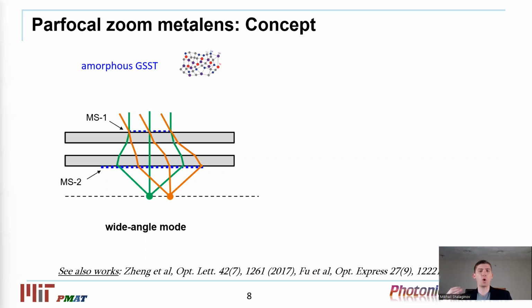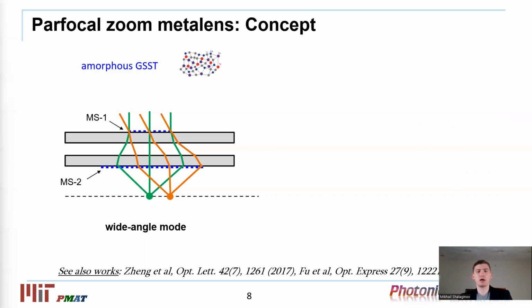A number of so-called zoom metalenses have been implemented, although they are in fact varifocal lenses, whose focal plane constantly shifts as the lens reconfigures. A true zoom metalens must be parfocal. In other words, the position of its focal plane must remain stationary when its effective focal length is changed.